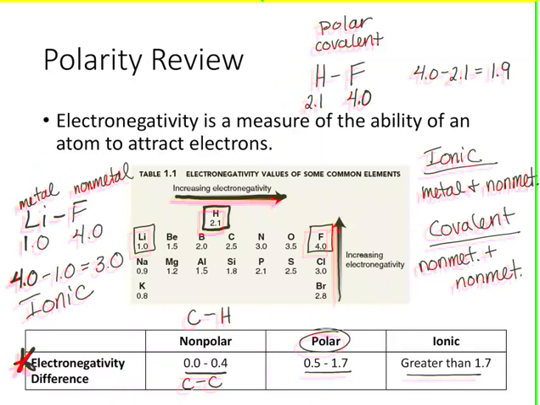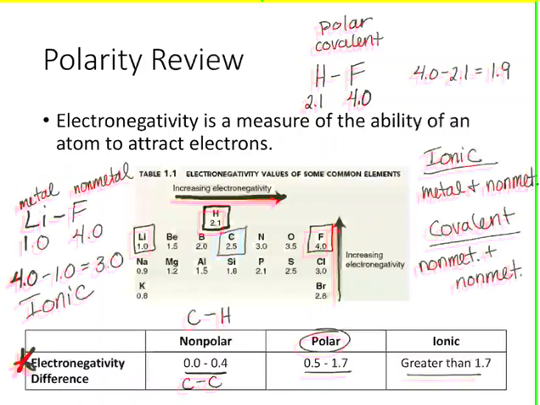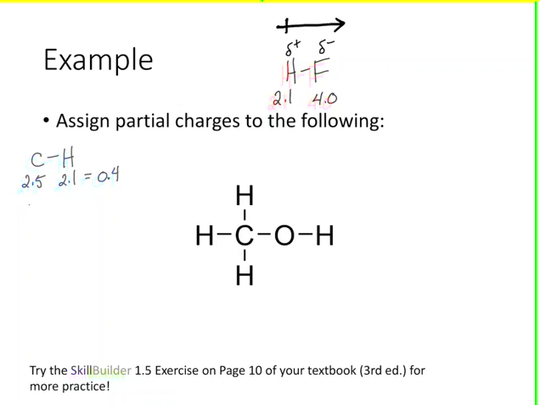Let's go back to our table. Carbon has a value of 2.5, hydrogen has a value of 2.1. If we take that difference, we get 0.4, which is, let's go back to our table, non-polar.